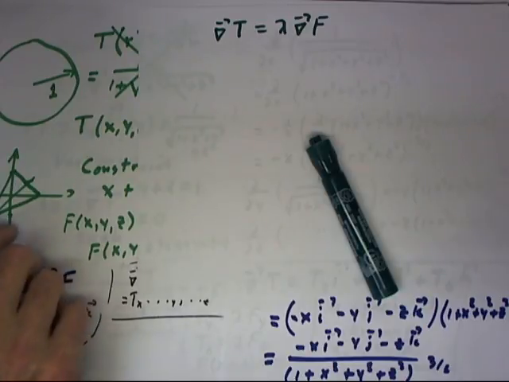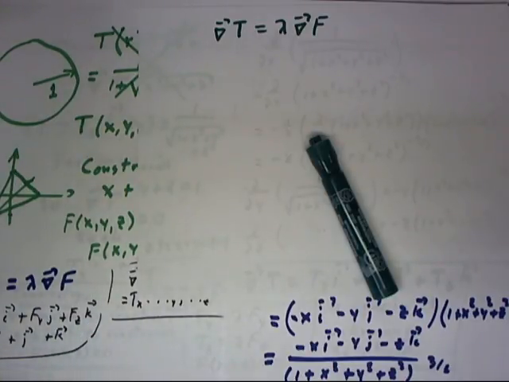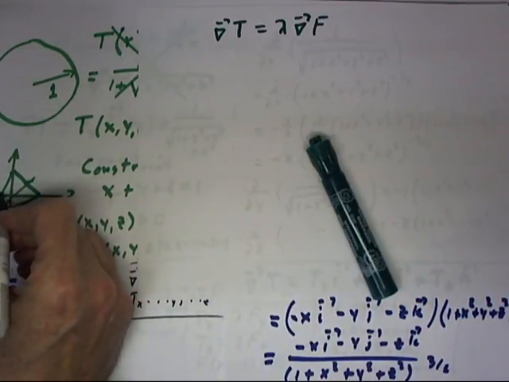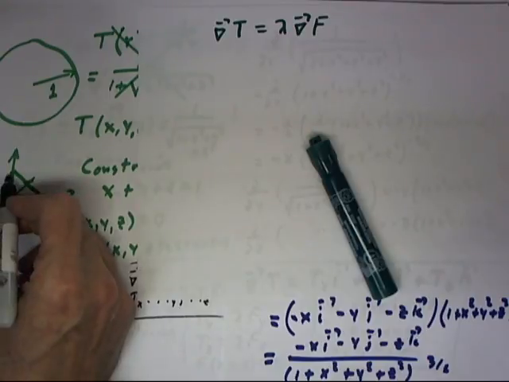Well, one would expect it would be at the point on the triangle that's closest to the origin. And by the symmetry of the triangle, we would kind of expect that to be at the intersection of the medians of this triangle.